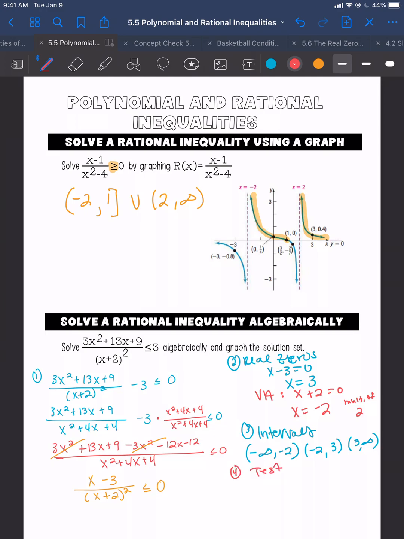So if I find f of -3, that is equal to -6, so that is below the x-axis. f of 0 would be an easy one, is -3/4, so that's below the x-axis. And then f of 4 is equal to 1/36, so that whole interval is above the x-axis.